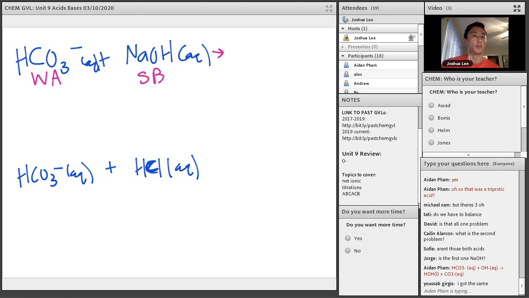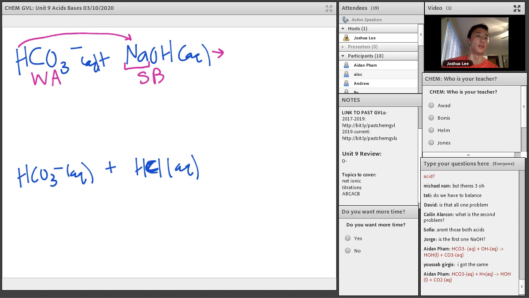We have to flip-flop. So the acid's going to give up the H plus, but there's already a positive part here, so we have to kick that off, and that's going to go here. So this is how you do that double displacement. So then we are going to get NaCO3 minus. I guess it could be 2 plus, but it doesn't really matter at this point because we're going to break it apart.